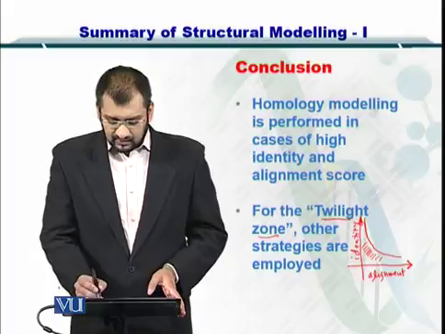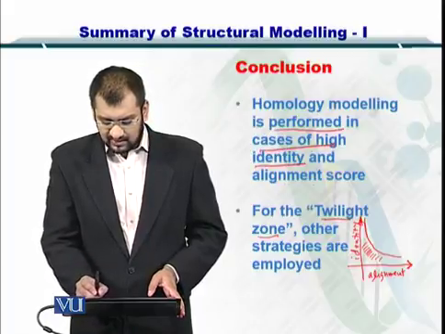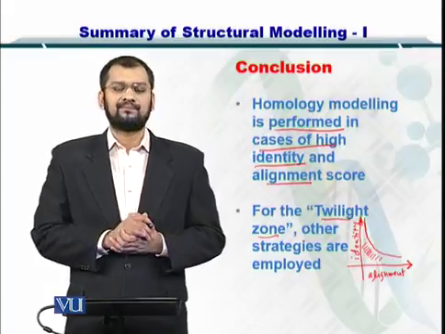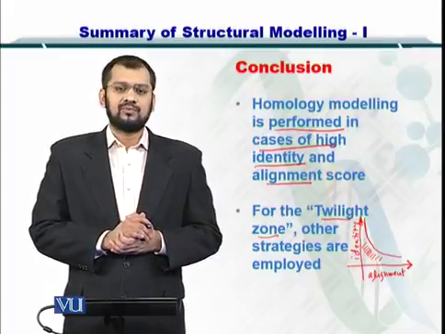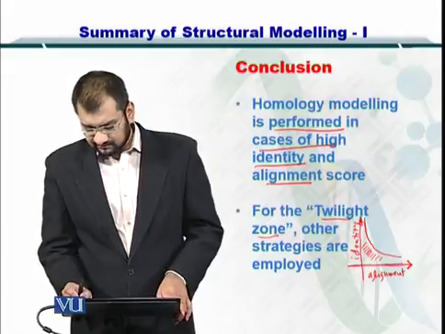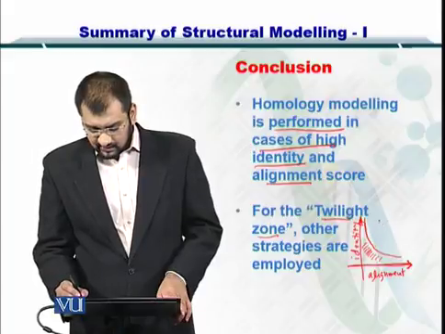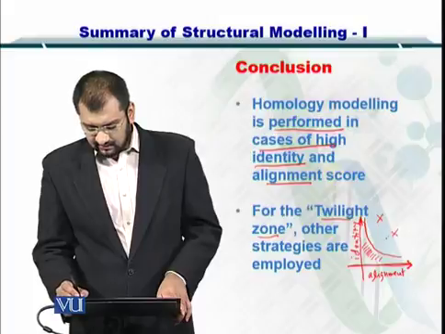So it is only performed in cases where you have a high identity and alignment. That means that if you were to plot, as you can see here in this small graph, homology modeling is useful if the identity is high and the alignment is high.